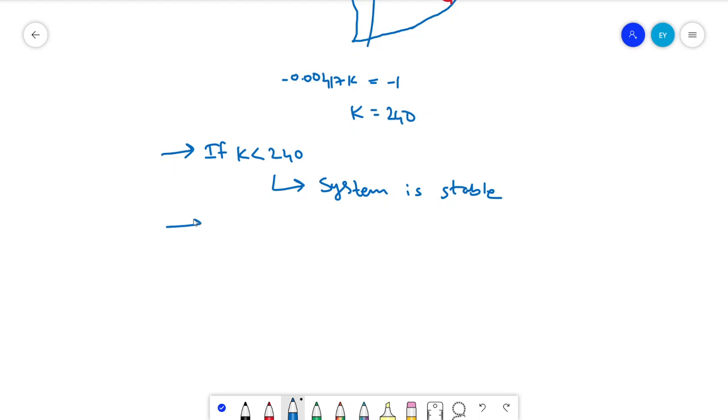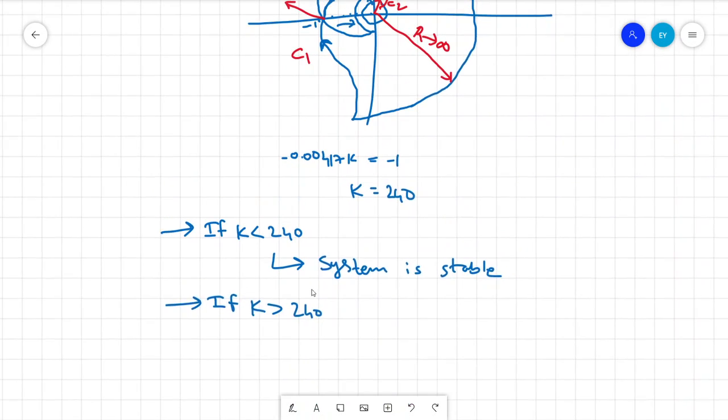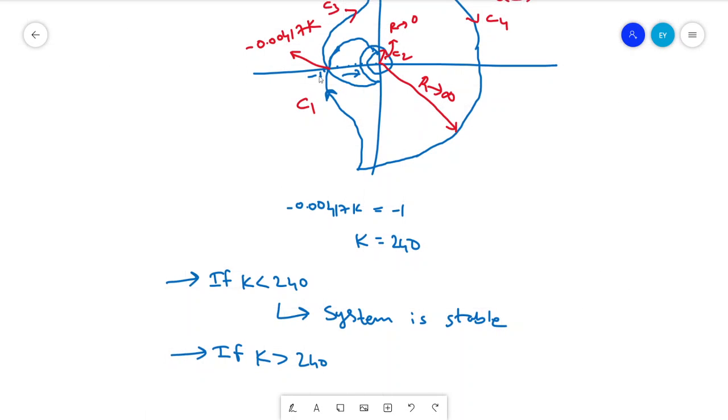Okay, so another case is if K value is greater than 240. If K value is greater than 240, this critical point will be shifted. Like this particular plot, it may go beyond -1, and then it will encircle that -1 actually.